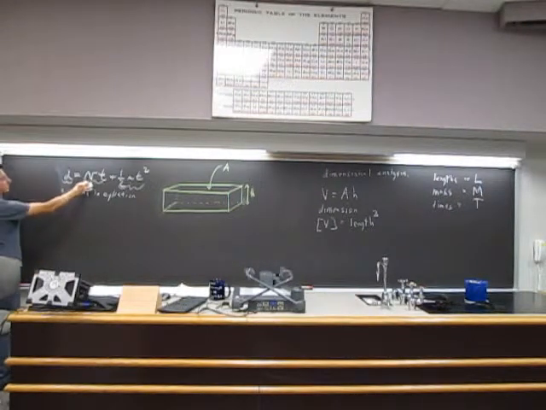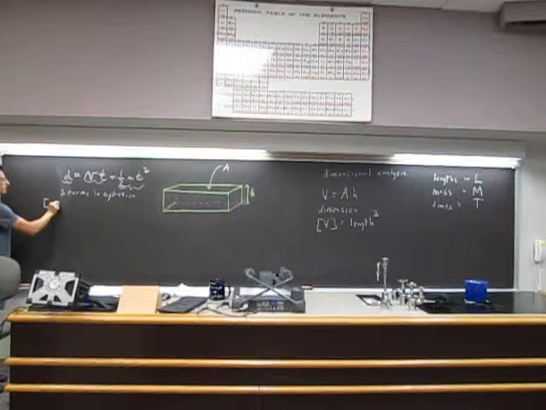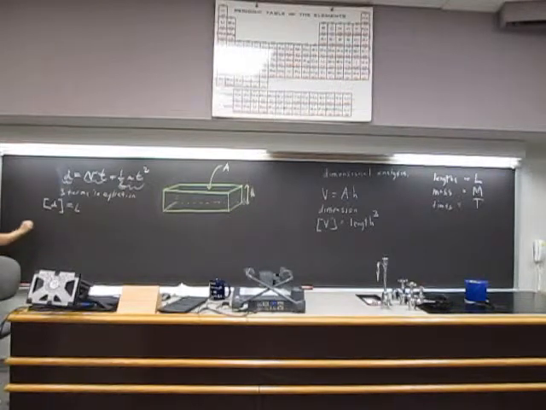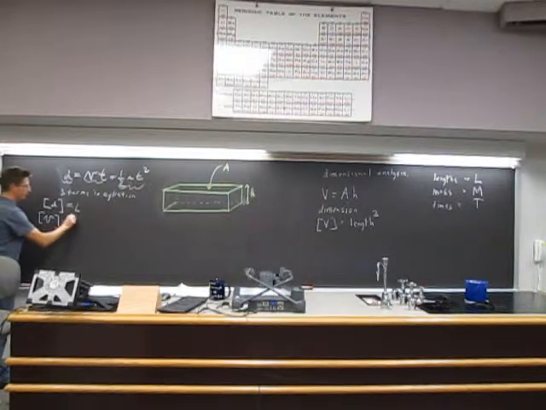Let's see if this one makes sense. So this d stands for a distance. The dimension of the distance would be a length. This v stands for velocity. Velocity is a distance divided by a time. So the dimensions of that would be a length over a time.